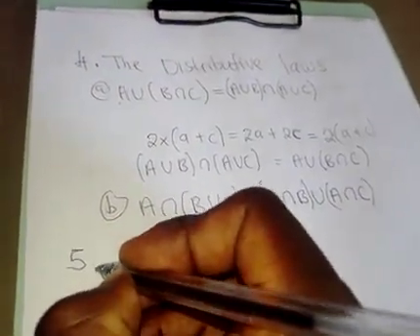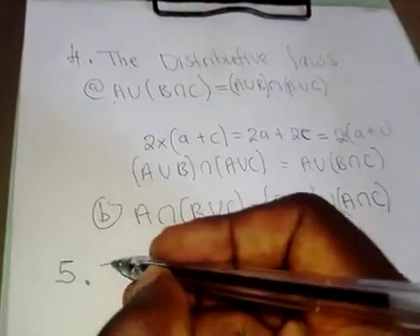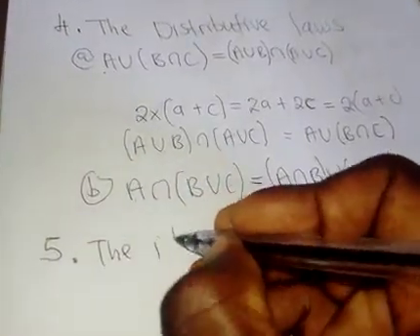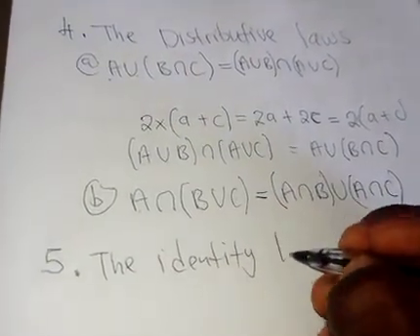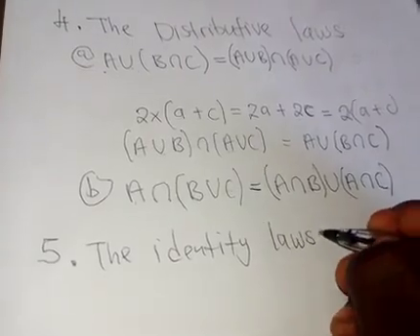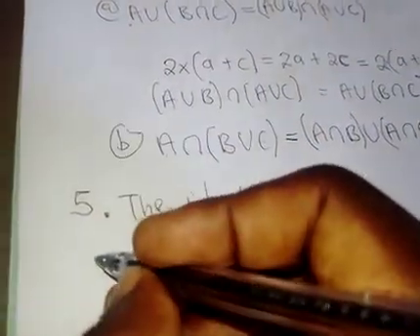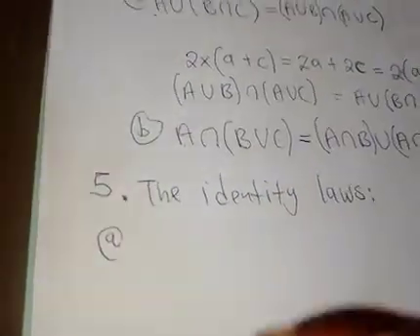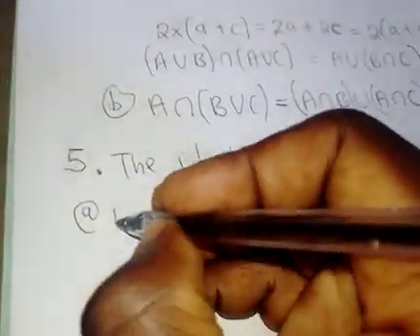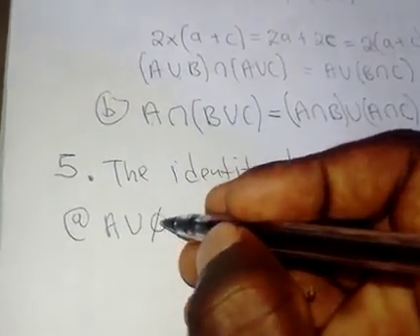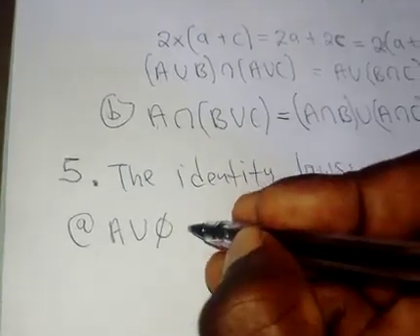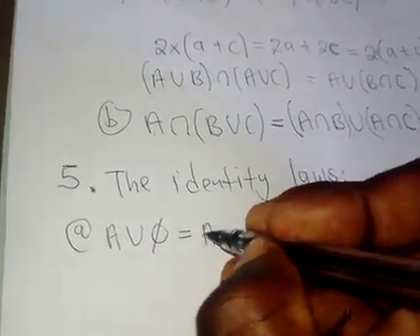Hope that's clear. Number 5, we have what we call the identity laws. For the identity laws, the first one we should know is A union of empty set. Any set union of empty set is the set itself.